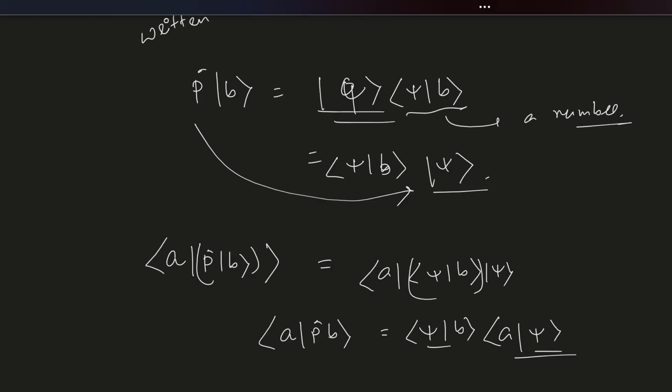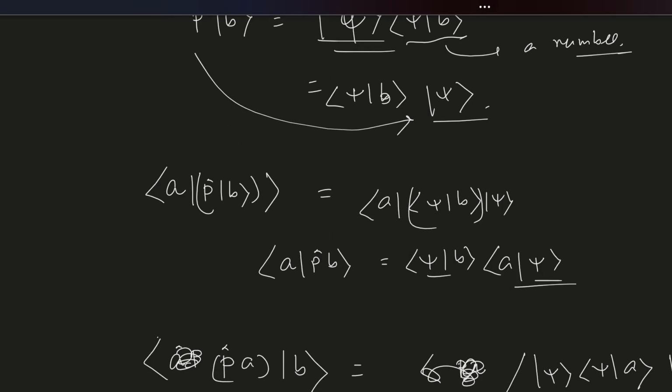PA is basically, you write down the expression of P. This is psi and A, this is on the ket vector, and then B. So ket means this is a complex conjugate. So psi A, even if it is a number, it can be complex. So the complex conjugate is taken outside, and this psi ket will be psi star.